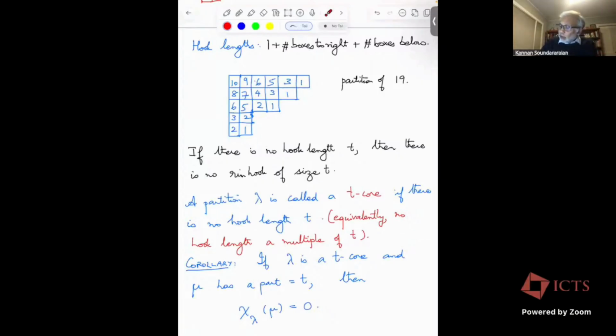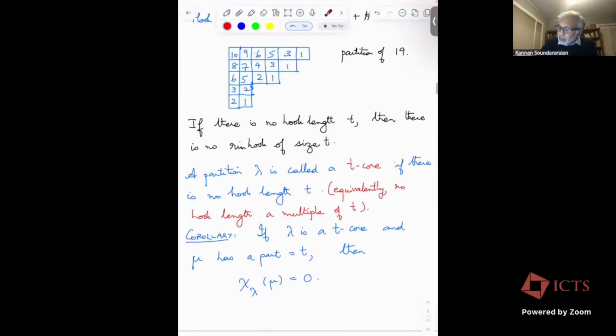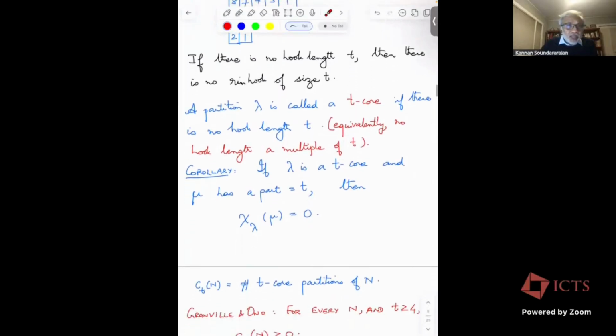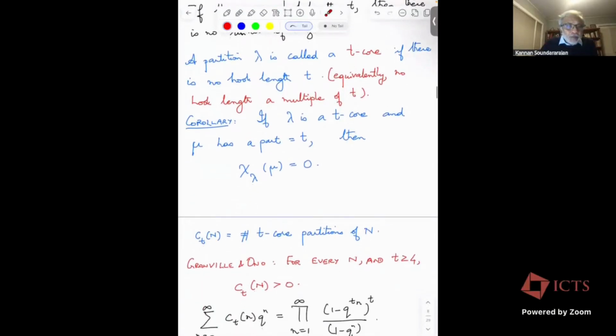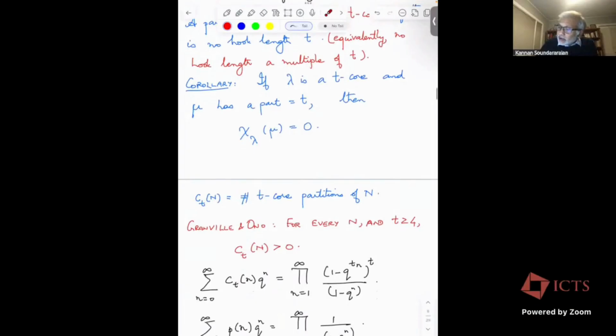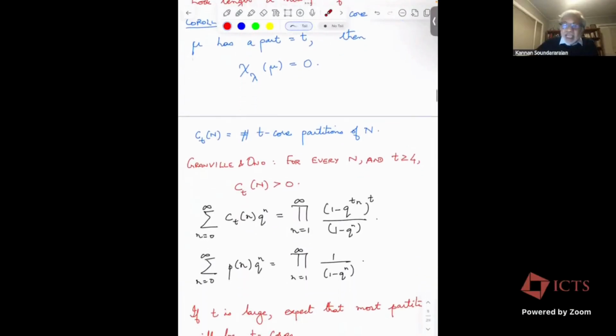So this is one of the main things that we're going to use to try to understand both when the character value could be 0 mod p and also when it can be 0. And this is the key fact that you have to keep in mind about what these character values look like.